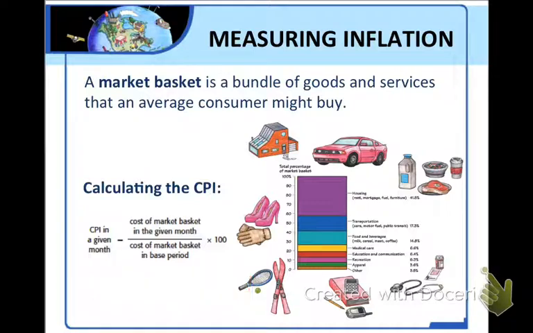In March of 2006, the CPI had a value of 199.8. This tells us that the market basket cost almost twice as much in March of 2006 as its average cost during the 1982 to 1984 base period. By late 2012, the CPI had reached 230.